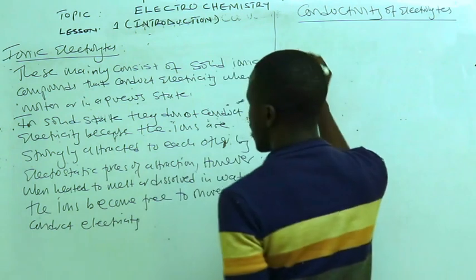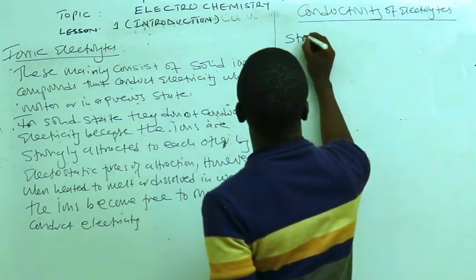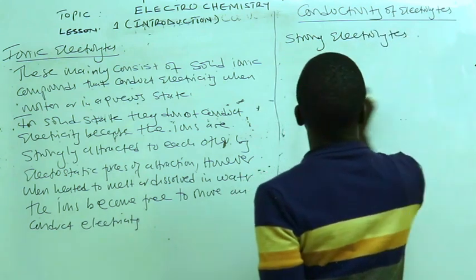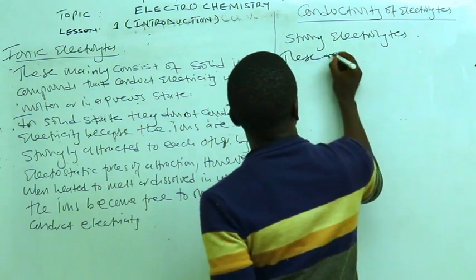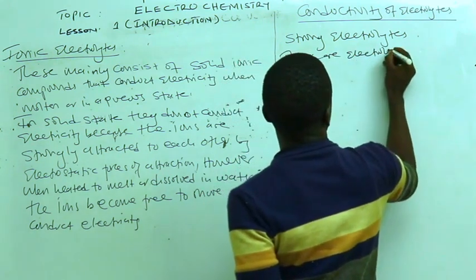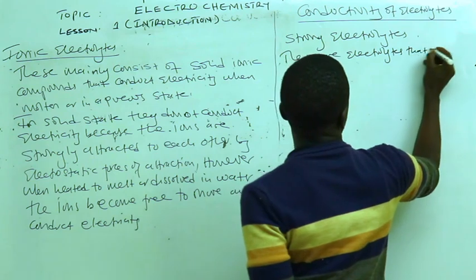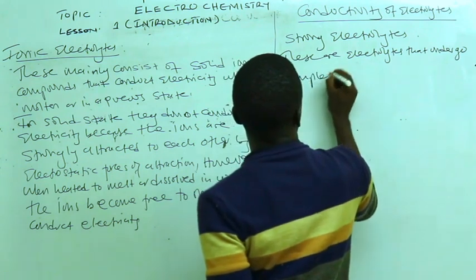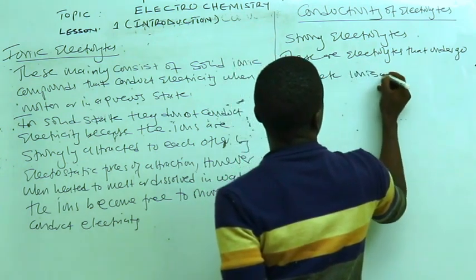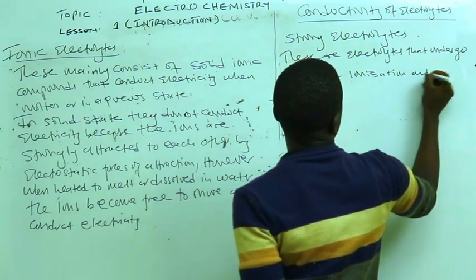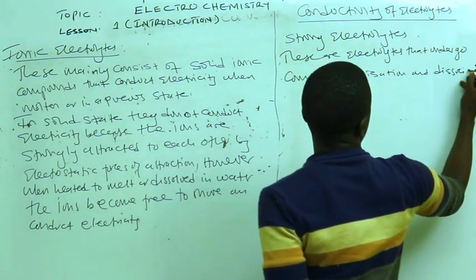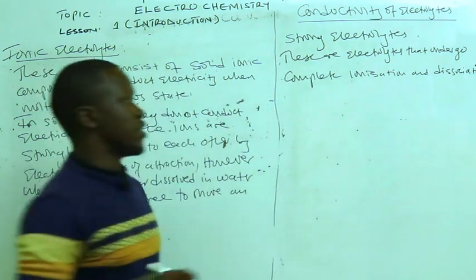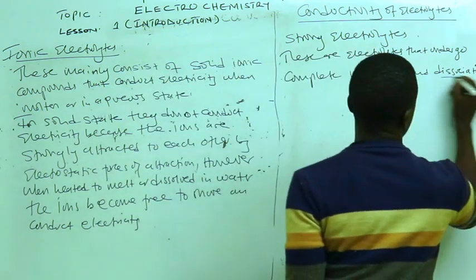So we shall be saying strong electrolytes are electrolytes that undergo complete ionization and dissociation.